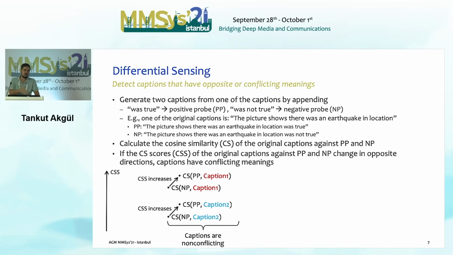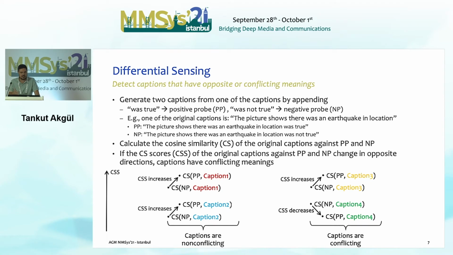But if one of the captions aligns better with the positive probe, but the other caption aligns better with the negative probe, then we conclude that these captions have conflicting meanings. So that's the idea. We check the relative similarity scores between the original captions and these positive and negative probes.